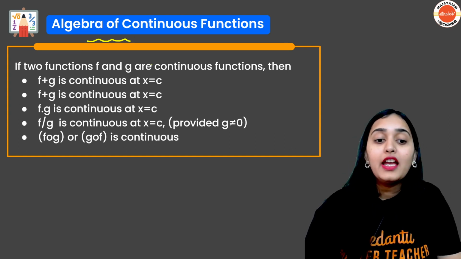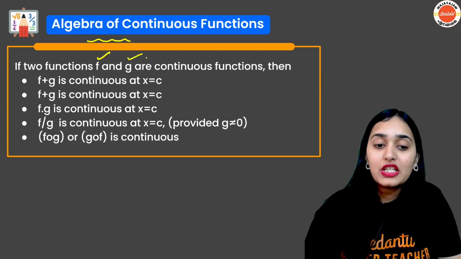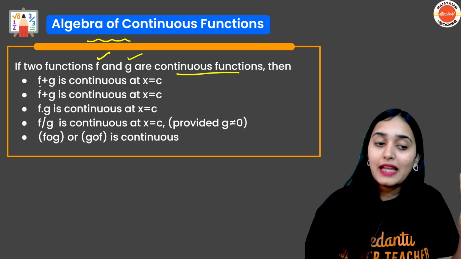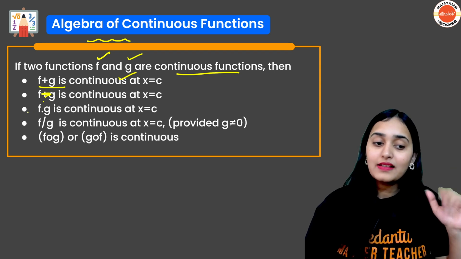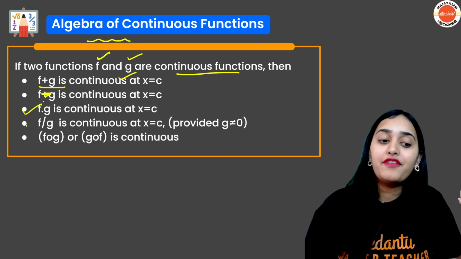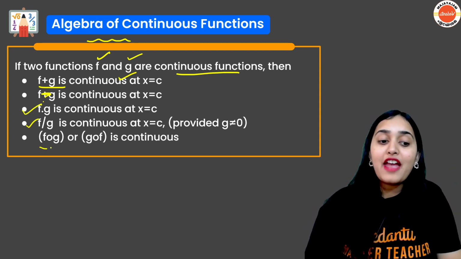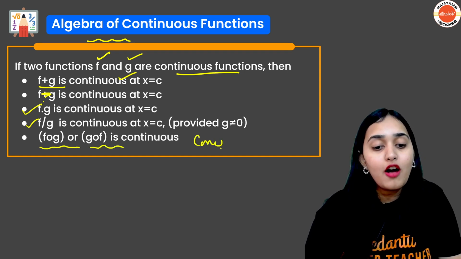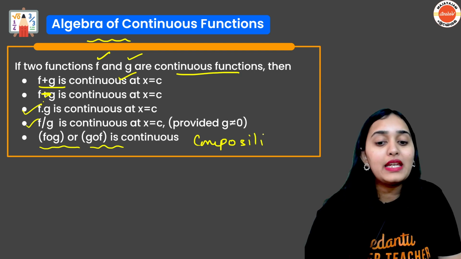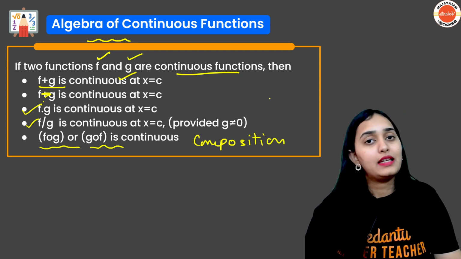That means if you have f and g, two continuous functions, then f plus g will be continuous, f minus g will be continuous, f into g, f divided by g, and f of g and g of f, that is composition of functions, will also be continuous.